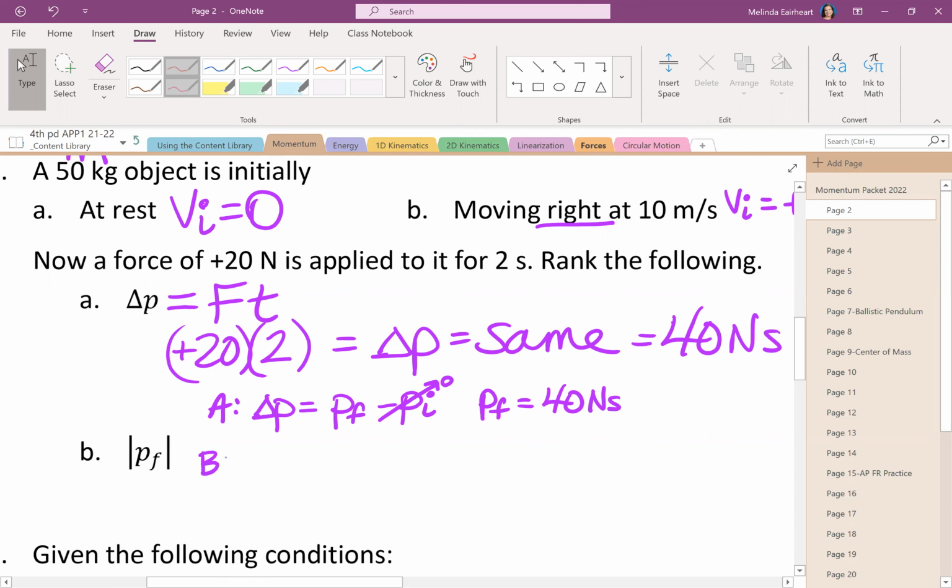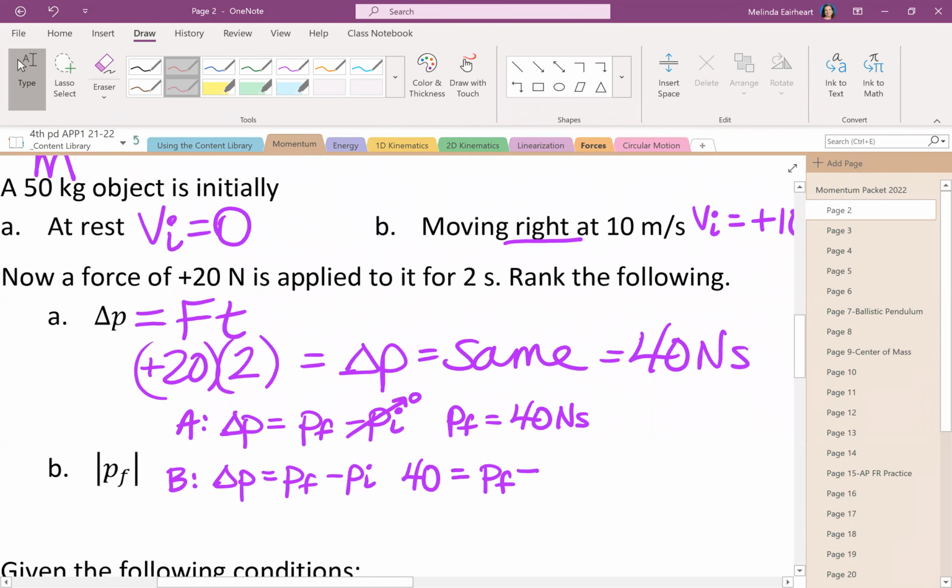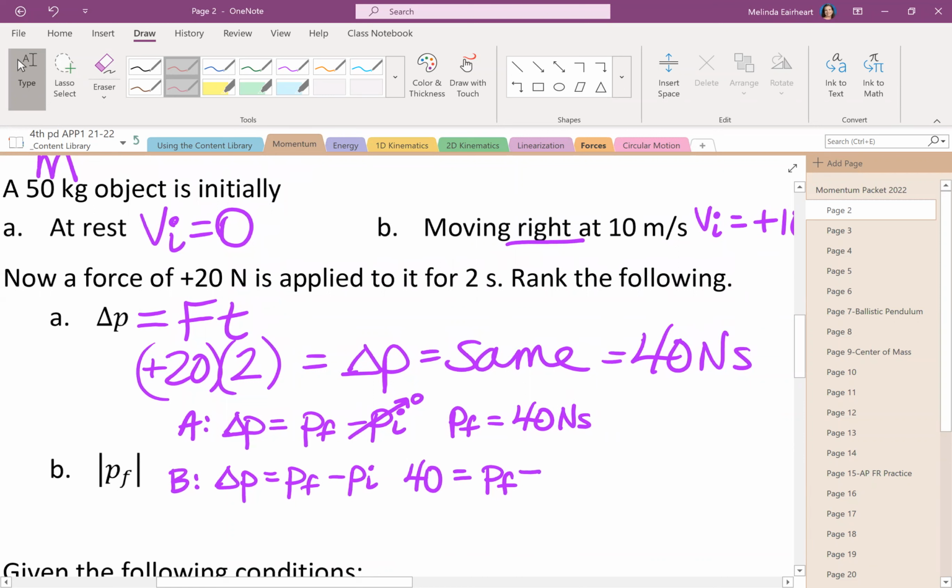What about object B? Change in momentum, final minus initial. Now we have a change of 40. We're looking for the final. What's the initial momentum? Careful, they did not give us the momentum. They gave us the velocity. And so momentum is mass times velocity.